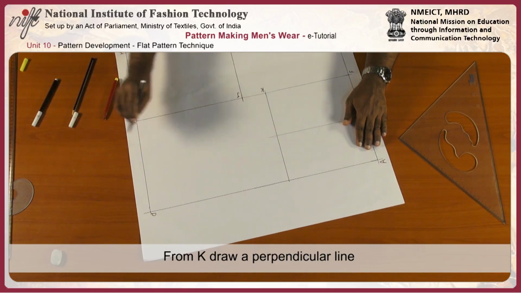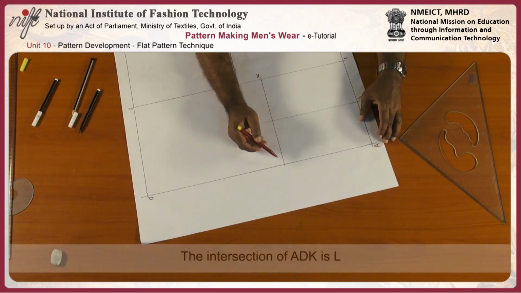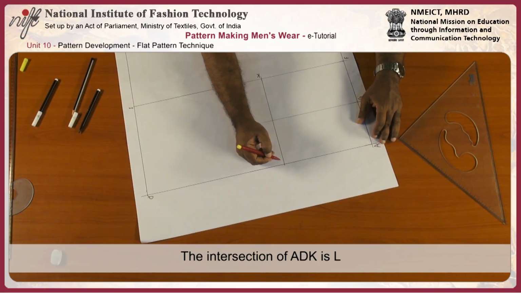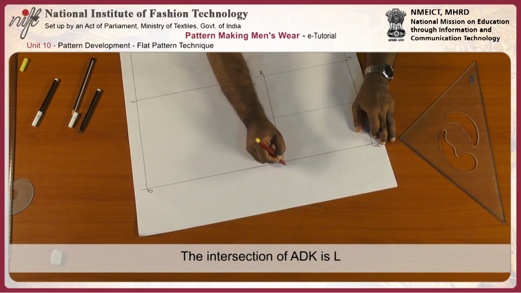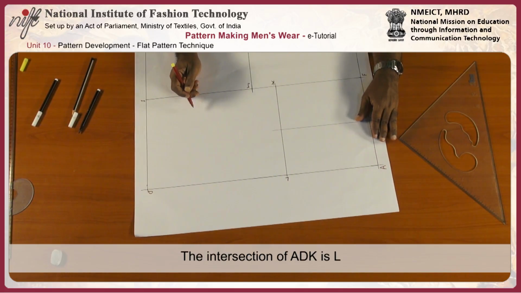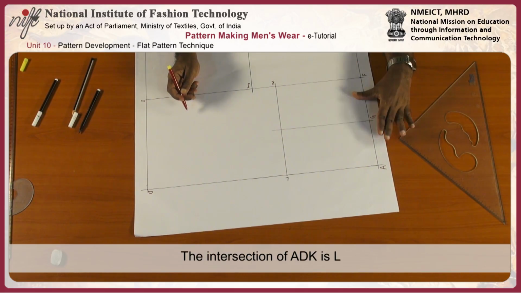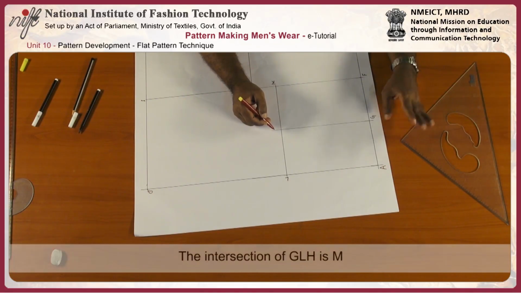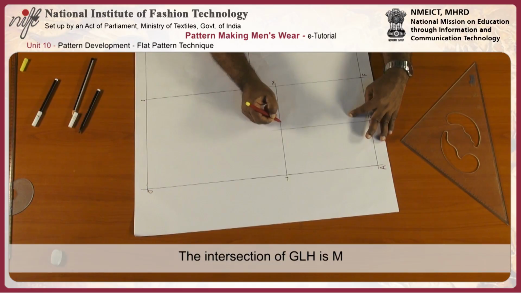Now the intersection of the K line with the AD line will be L. Then the intersection with the G line will be M.